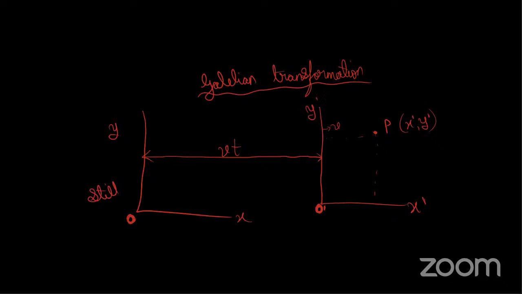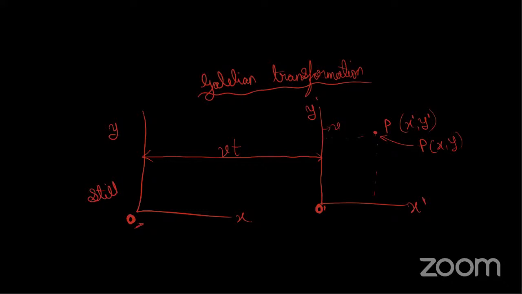So the location of P according to the observer at O dash is x dash comma y dash. With respect to the observer at the O reference frame, the same point P will be at x comma y for him who is at the stationary reference frame.